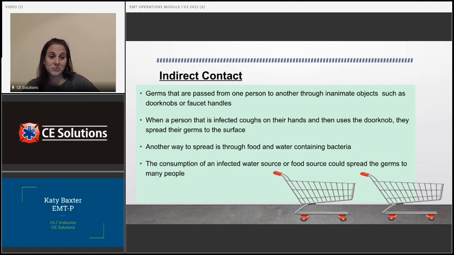And whoever you want to be that first one upstream, because the person that's way downstream catches everybody's stuff, right? But they also don't have running water or toilets in their house. Things are not livable conditions. The consumption of an infected water source or food source can spread these germs to many people.